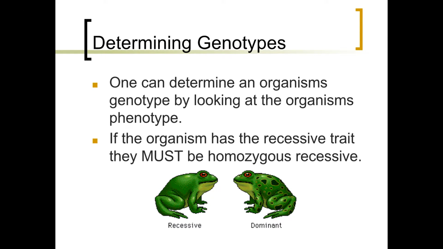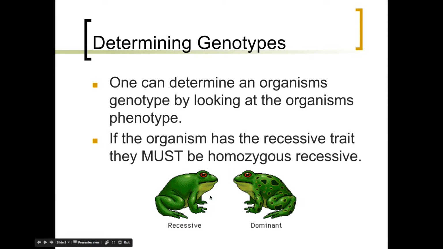So for some organisms, we can figure out their genotype just by looking at the organism's phenotype. What I mean by that is basically if you look at an organism and that organism shows the recessive trait, then you know that they must be homozygous recessive. So say, for example, we have two frogs and being spotted is dominant and being not spotted is recessive.